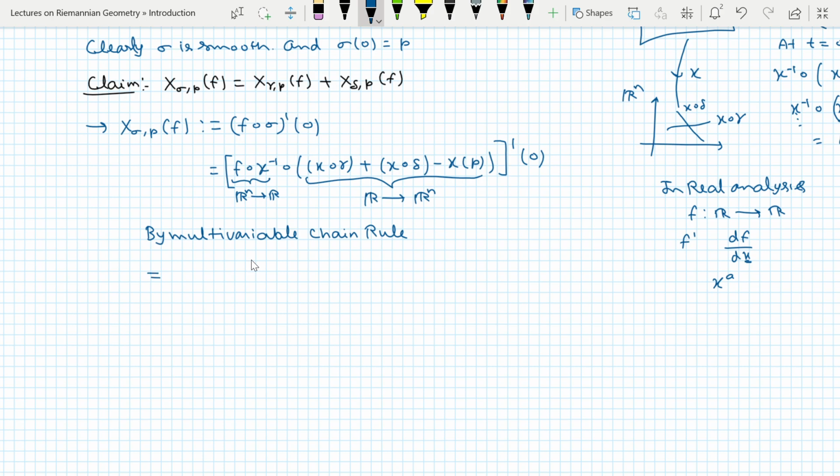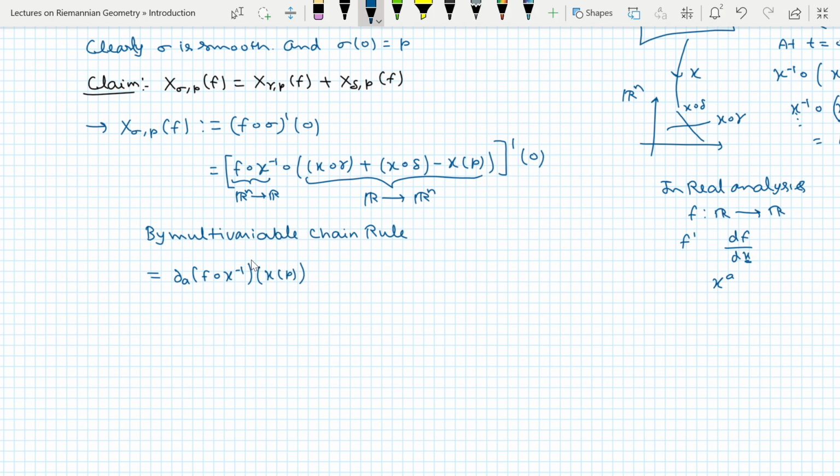Okay. So by the multivariable chain rule, we get the following. I differentiate this thing with respect to the ath component and then evaluate it at the point x of p, because this is a function from Rn to R here. So here you have the point x of p, not p.